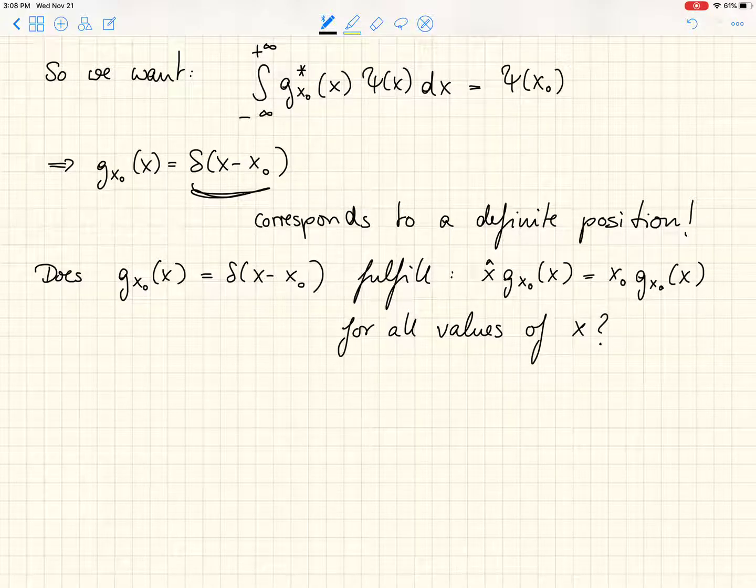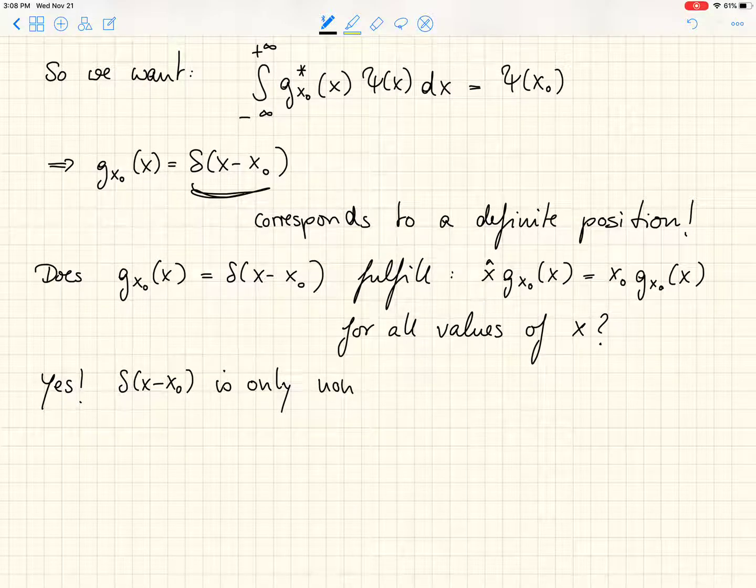And the answer is yes, it does, since delta of x minus x0 is only non-zero exactly at x equal x0.